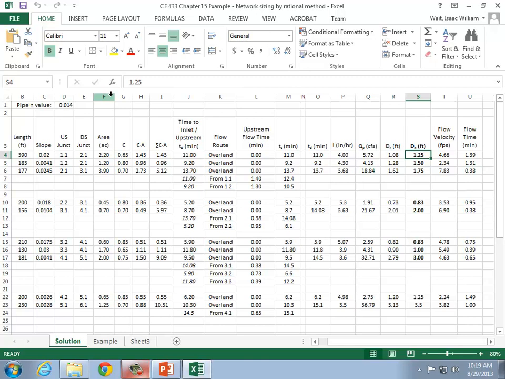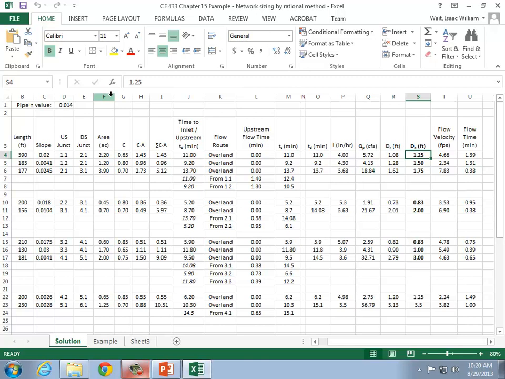So that's given. What we have to do now is take a look at the time of concentration. Now the time of concentration is going to be that same 11 minutes here because there isn't any alternate flow route that has to be taken into consideration for pipe A. And likewise it'll be 9.2 for pipe B.